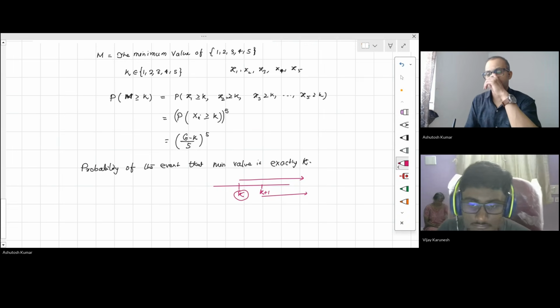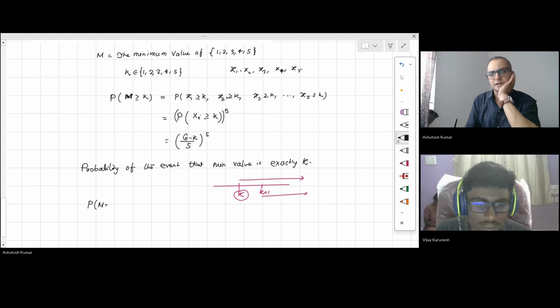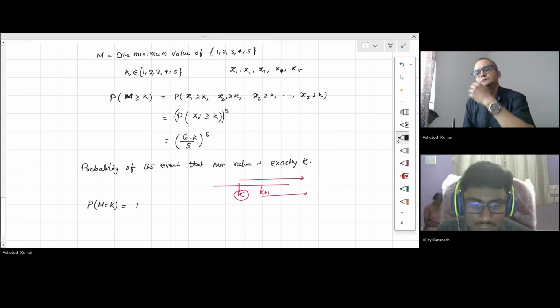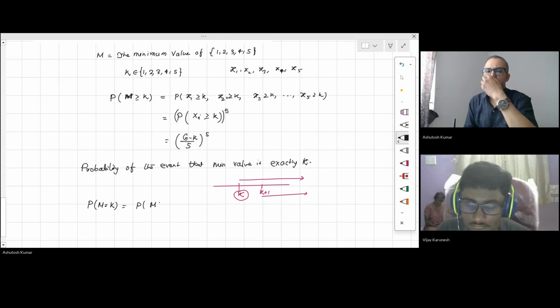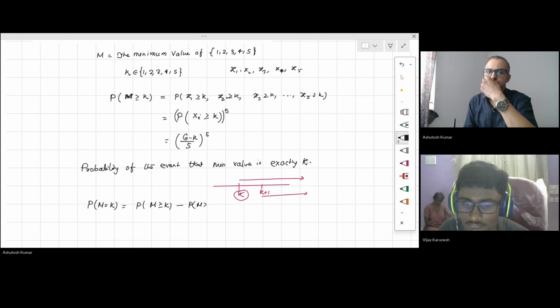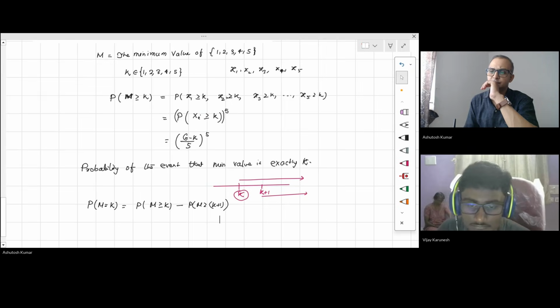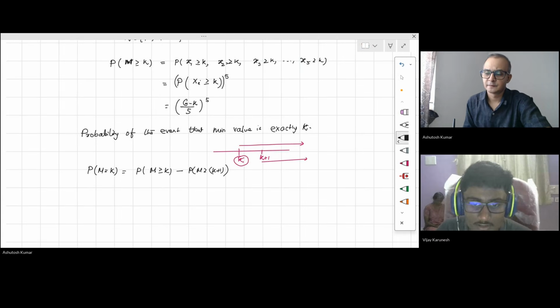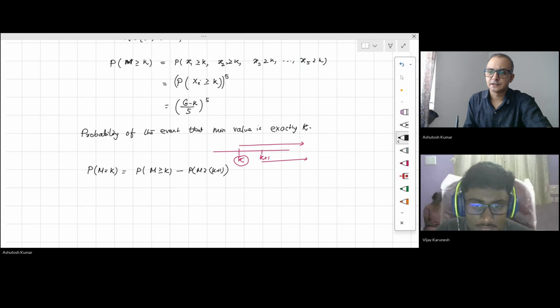So suppose you have to find P(m equals k) directly, I can write it as P(m greater than or equal to k) minus P(m greater than or equal to k plus 1). Is it clear?